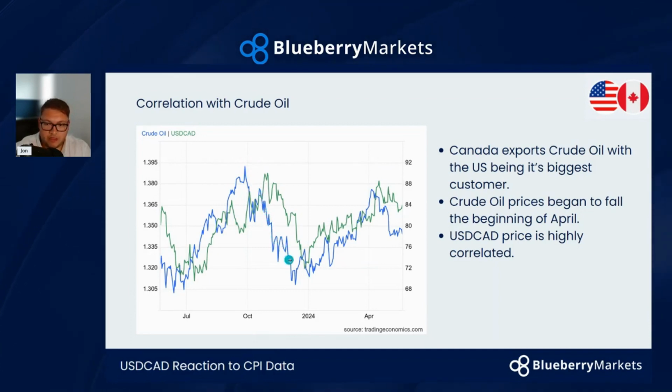And we saw quite a significant drop in the price of crude. And you can see dollar CAD took a couple of months to filter through. But once it did, there was a really good correlation between the two assets, and dollar CAD proceeded to fall.